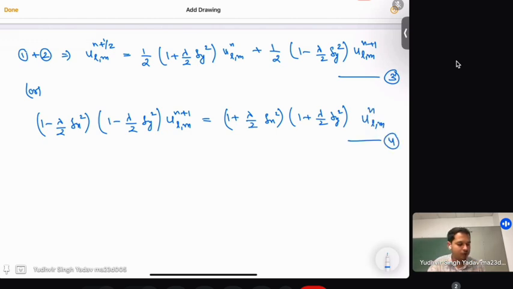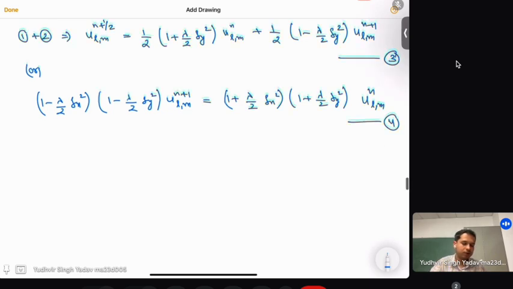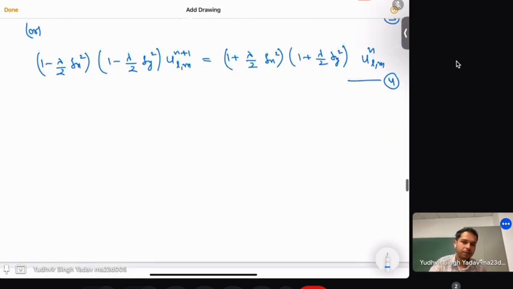So let us number it equation number 4. In this we have just the time step levels n plus 1 and n. So this is the most simplified way to write the ADI method in terms of only n plus 1 and n. We have removed the artificial time level n plus half.